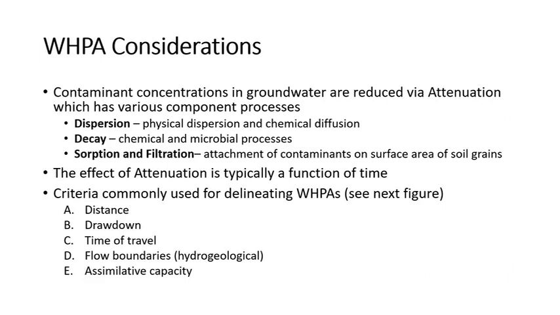Now note that contaminant concentrations in groundwater are reduced via what we call attenuation. And attenuation has a lot of component processes. You have your dispersion, which involves physical dispersion due to velocity gradients and also chemical diffusion due to concentration gradients.